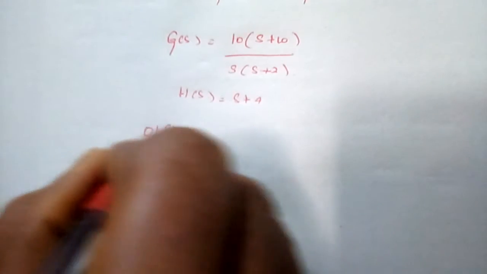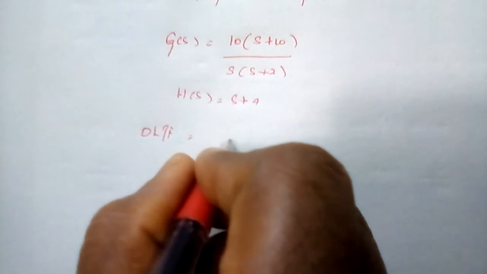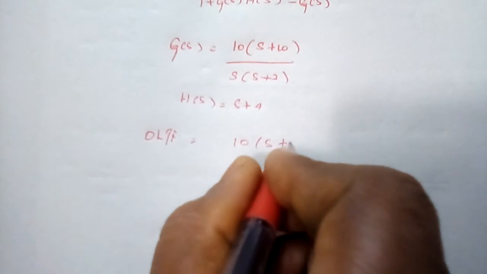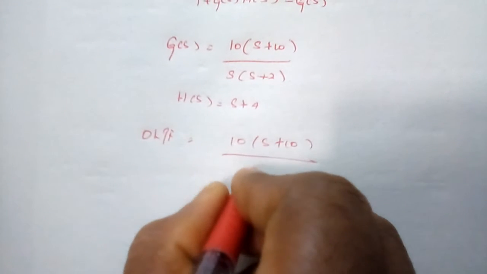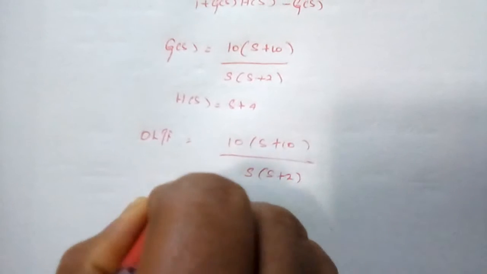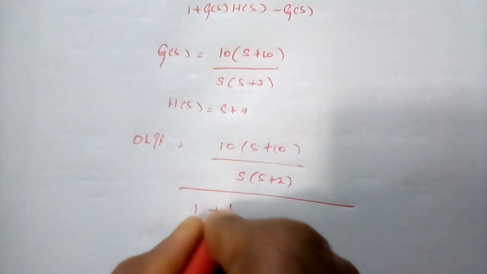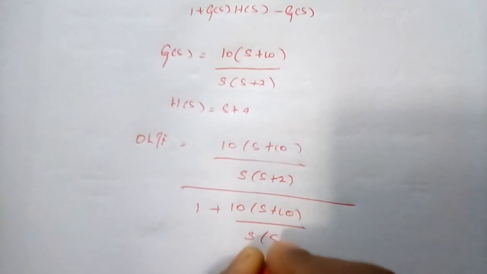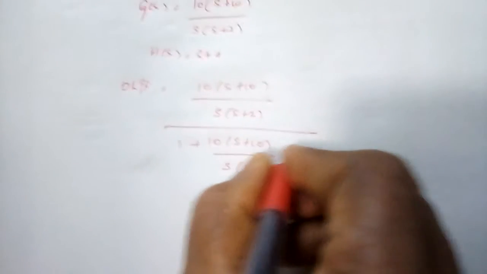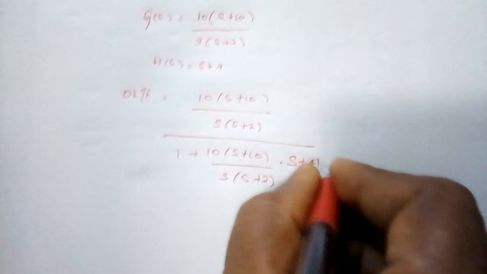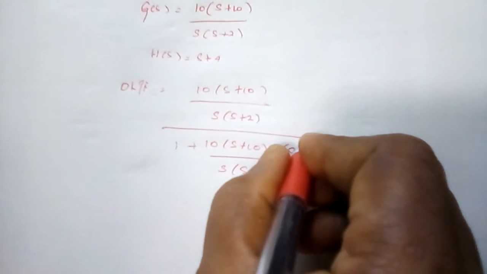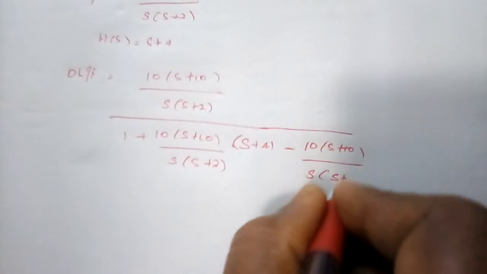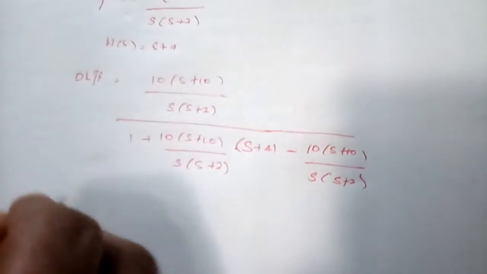So the open loop transfer function I obtain as 10 into s plus 10 divided by s into s plus 2, the whole divided by 1 plus 10 into s plus 10 divided by s into s plus 2 into s plus 4, the whole minus 10 into s plus 10 divided by s into s plus 2. This is the case, right?